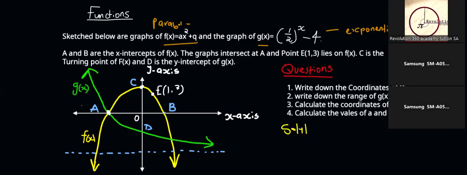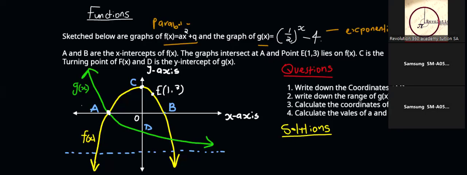Since D lies on the equation of an exponential function, you're going to take the equation of that exponential function, and since D lies on this graph, it represents the y-intercept. So we are mainly going to look at the y-intercept.